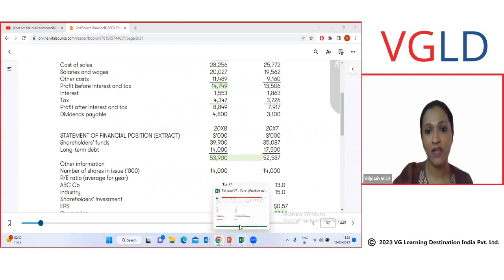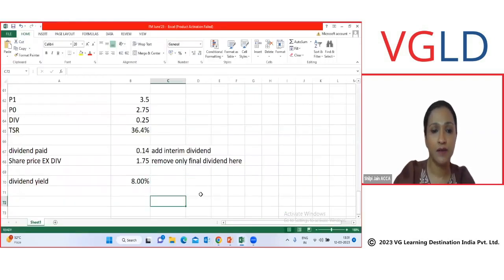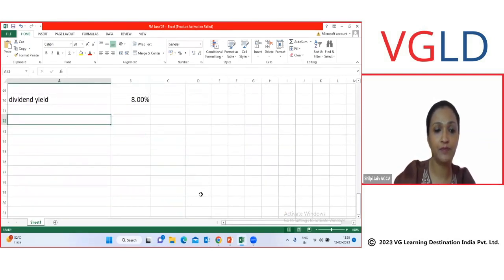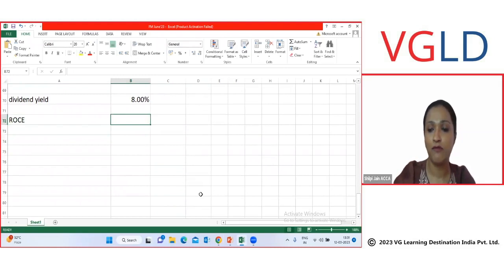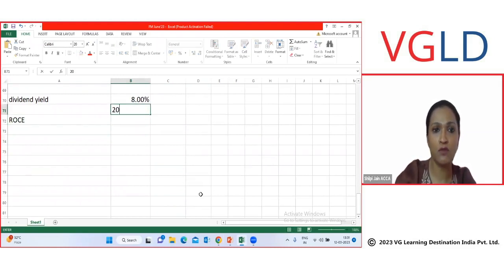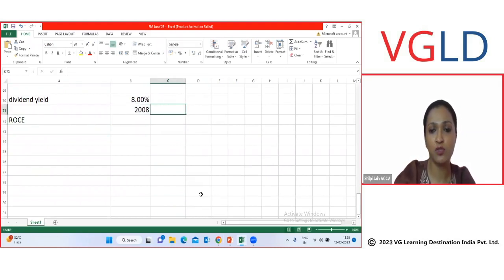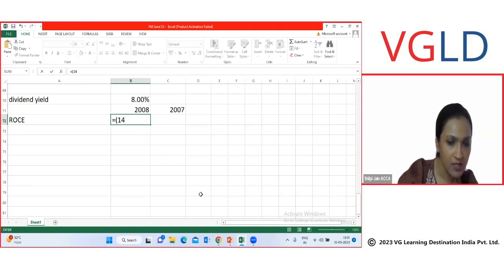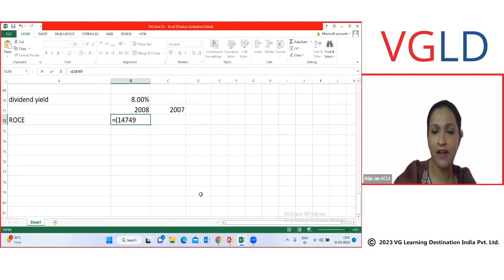Okay, so let's see, what do we have here? I am just going to calculate my return on capital employed for the 2 years, which is 2008, and then the previous year, which was 2007. So what do we have here? Profit before interest and tax, I'm just taking it from your books, guys: 14,749 divided by my total shareholder, remember your long-term capital, which will include your long-term debt as well.